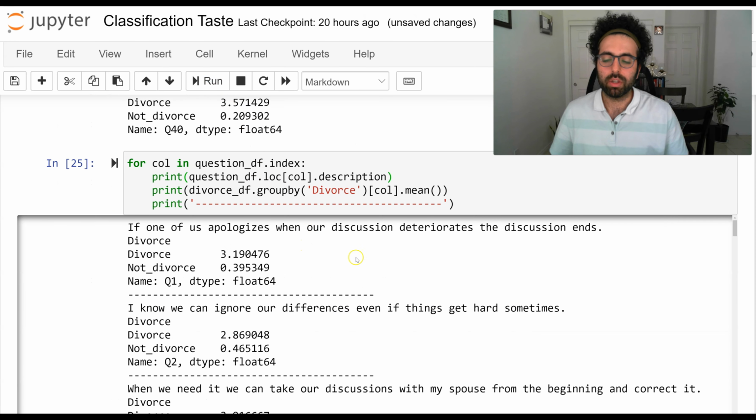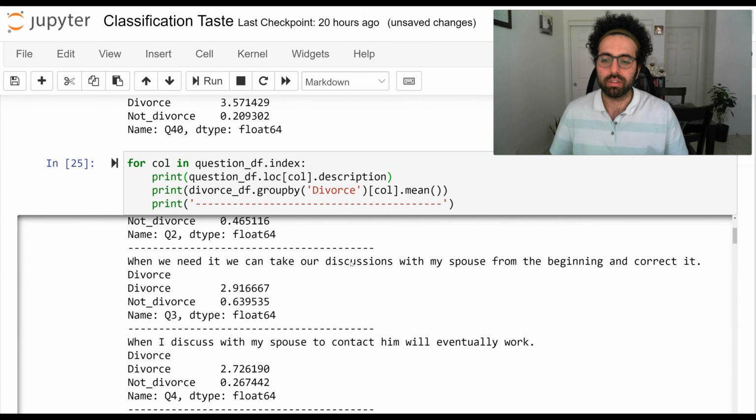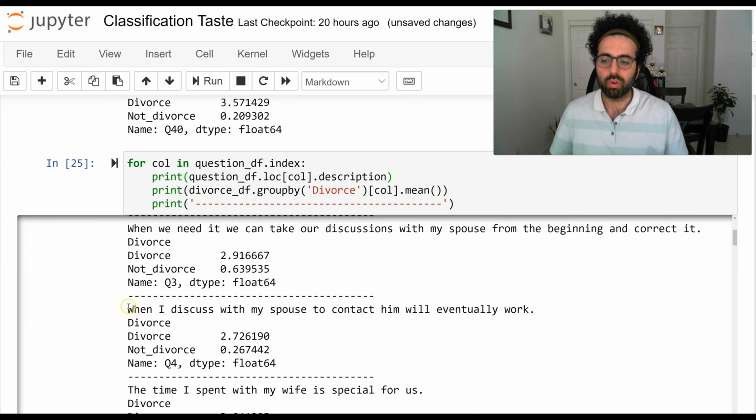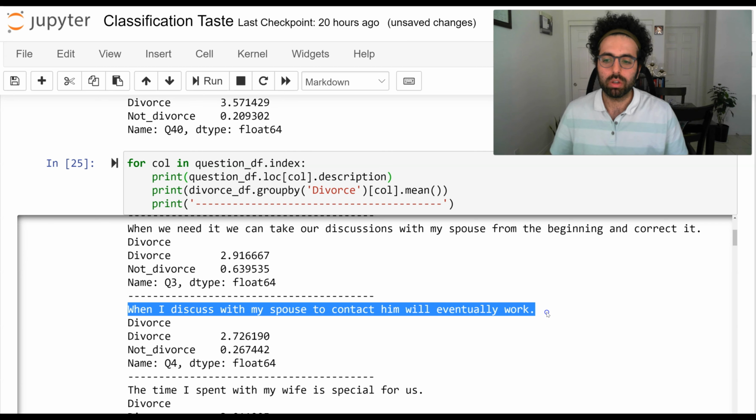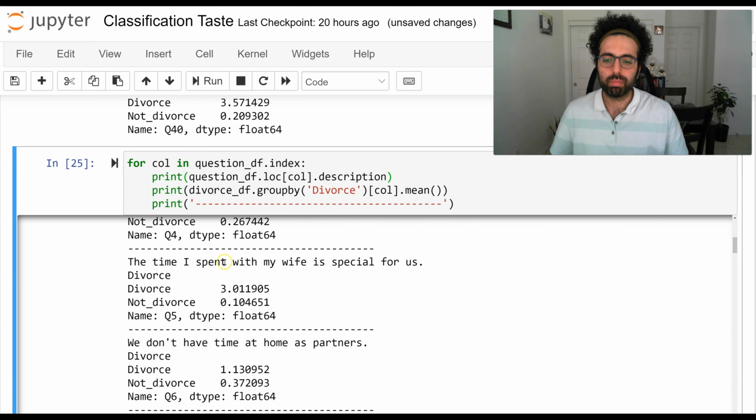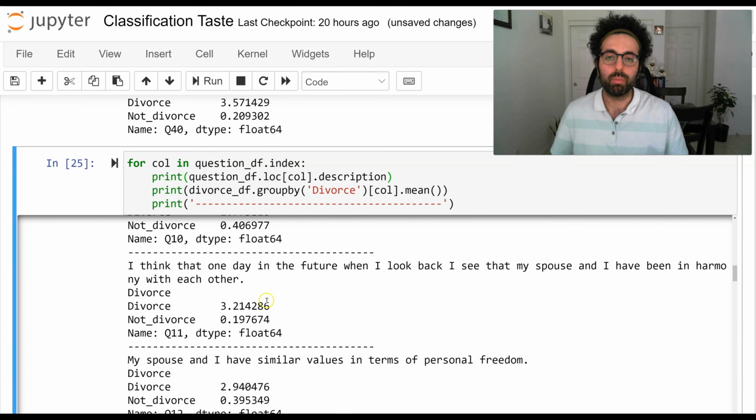If you scroll down, for example, question 4, when I discuss with my spouse, it will eventually work. Or the time I spend with my wife is special for us, right? If there is more always, it's leading to more divorce. The people who said always are more likely to be divorced.